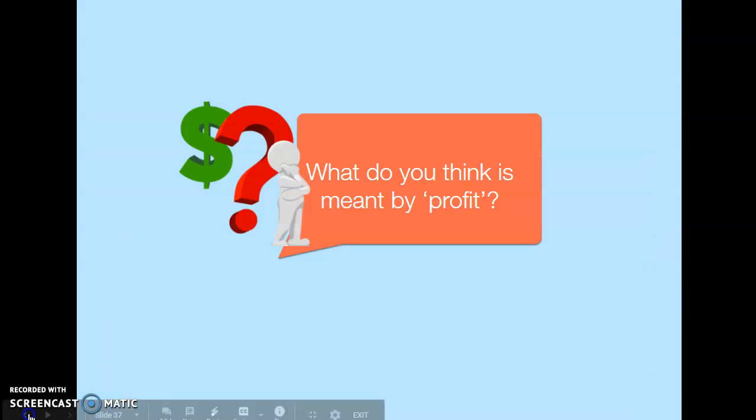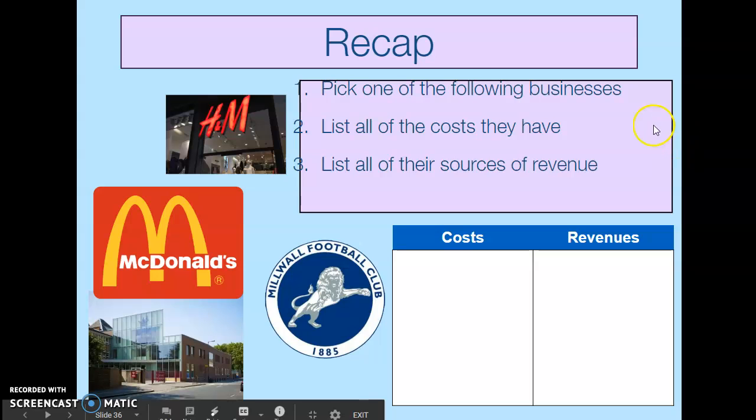Okay, so what we need to do now is you need to pick one of these businesses or our school and list all the costs that you think they might encounter and all the revenues you reckon they might make from their sales, or from the service they provide. So if you could do this by yourselves, we're not going to do it now.